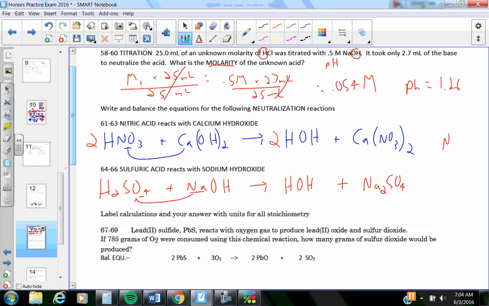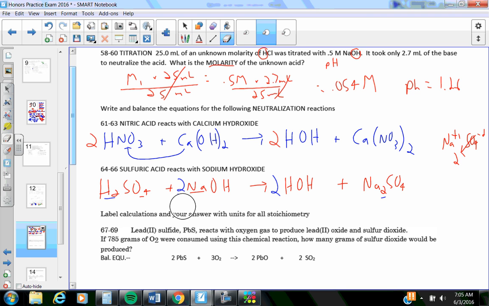I mean, I could go up here and do this: +1, SO4, -2. Crisscross the charges, Na2SO4 taken twice. Once again, to balance this one, I'm just going to do it by visual inspection. If I see 2 sodiums over there, I need 2 sodiums over there. If I see 2 H's and 2 hydroxides over here, I need a 2 over there, and that one is done.